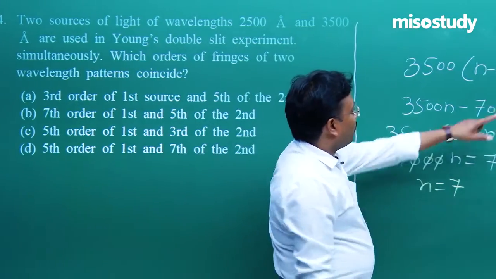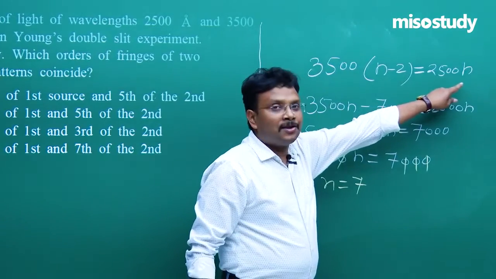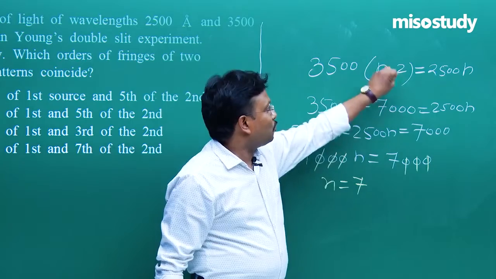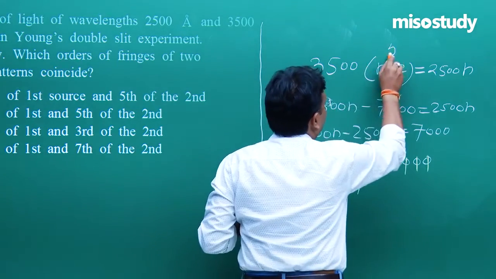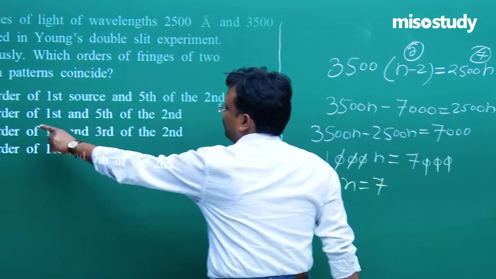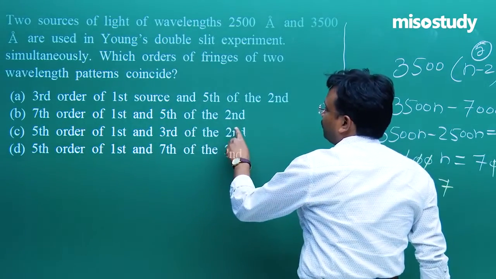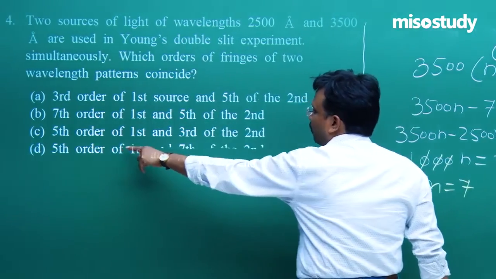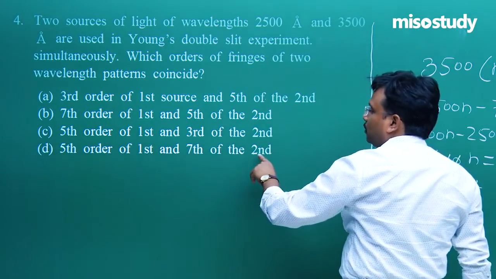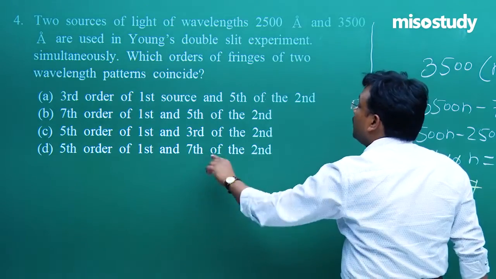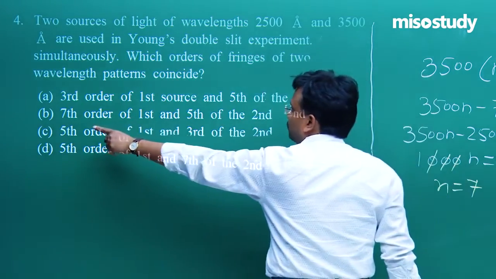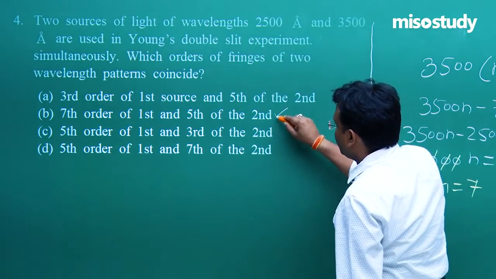Now put the value n 7, put the value n 7 minus 2, so 5 and 7. So exactly 7th order of first and 5th order of the second. Come back again, 5th order of first and 3rd order, no. 5th order of first and 7th order of second, no. It is reverse of that as per the language of the question. So correct answer is going to be your B.